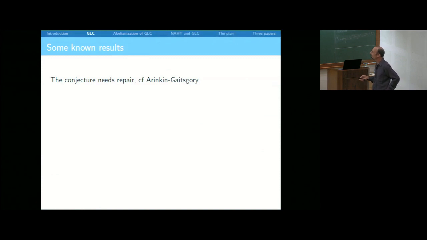So the first problem with this is that it's wrong, and Arinkin and Gaitsgory have done a lot of work on formulating the right version of this in the case where you're allowing singular points. Those corrections are not going to be relevant to anything I say, because what we're focusing on is construction of automorphic sheaves.